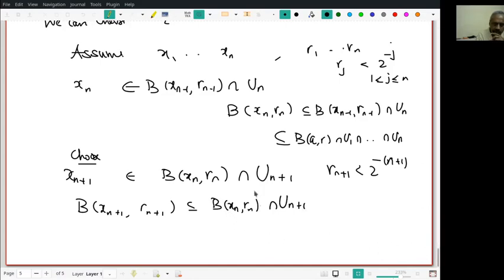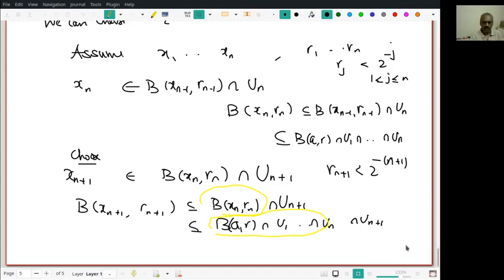But by induction hypothesis, B(xn, Rn) is contained in V intersection U1 intersection Un, and intersection with Un plus 1.